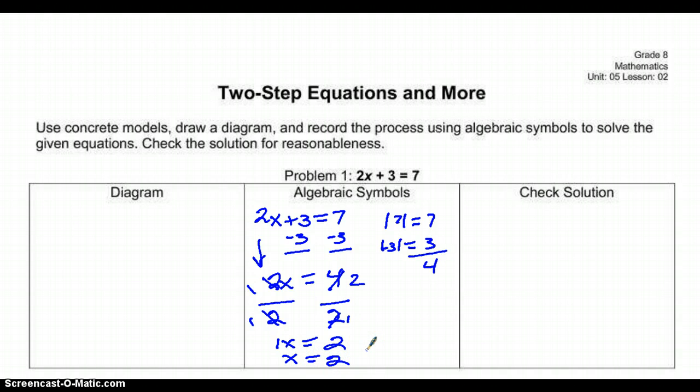Now, to make sure that what we've solved is correct, what can we do to check? Well, we said that x was 2, so we're going to go up here and write 2 times 2, replacing x with what we said it was, plus 3 is equal to 7.